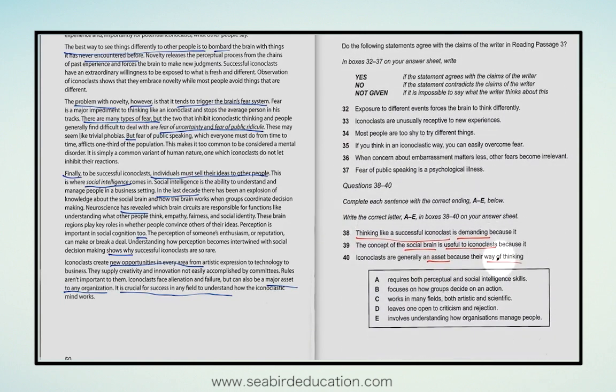Generally an asset because of their way of thinking. Rules aren't important to them. Face alienation and failure, but can also be a major asset. It's crucial for success.